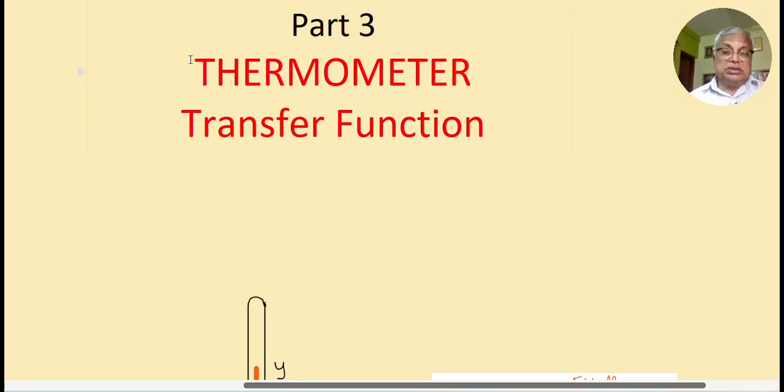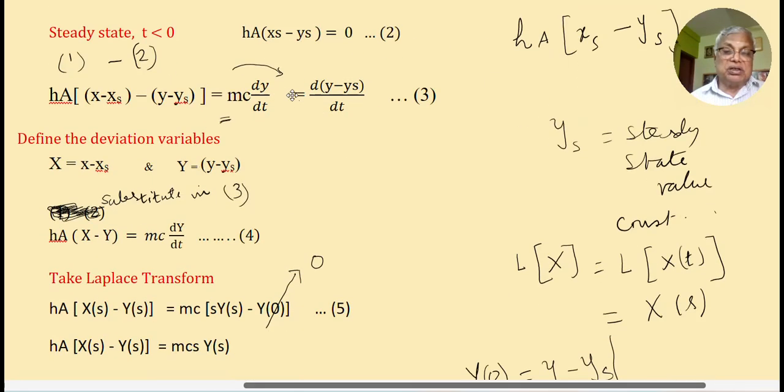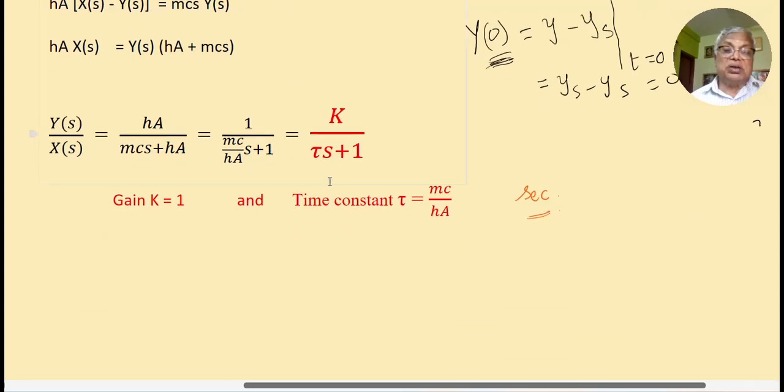So this derivation shows the thermometer is a first order system given by k by tau s plus 1. The gain is 1, unit gain, and the time constant is mc by ha. This derivation is applicable only when the assumptions stated in the previous lecture are satisfied. So you have to go through the previous lecture followed by this lecture.